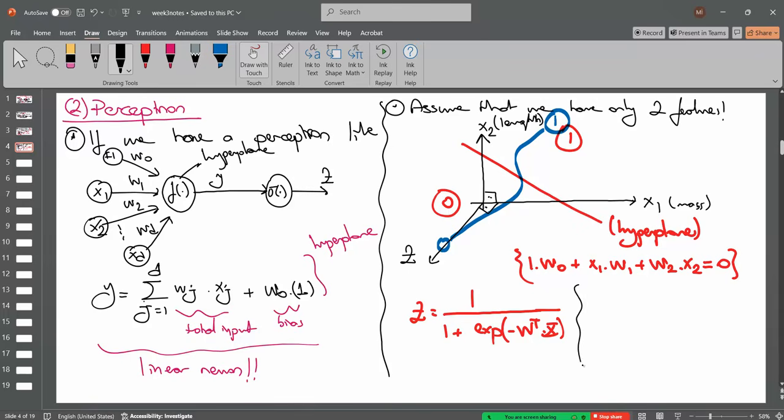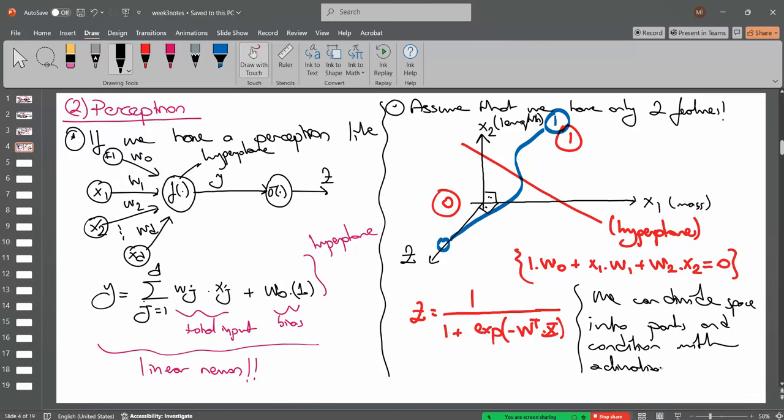And so, in this case, we can divide space into parts and condition with an activation function, guys. The perceptron is utilized for these purposes, nothing more. Okay?